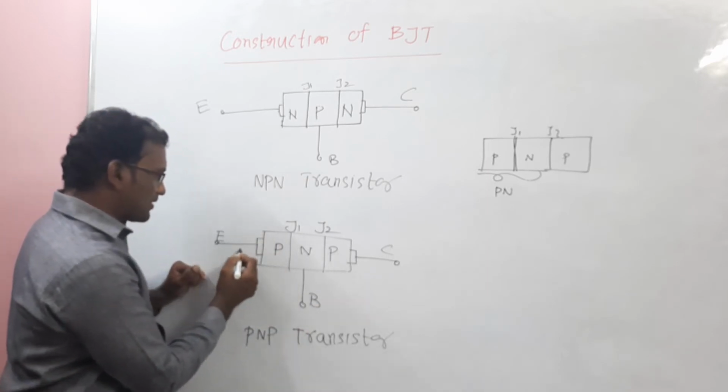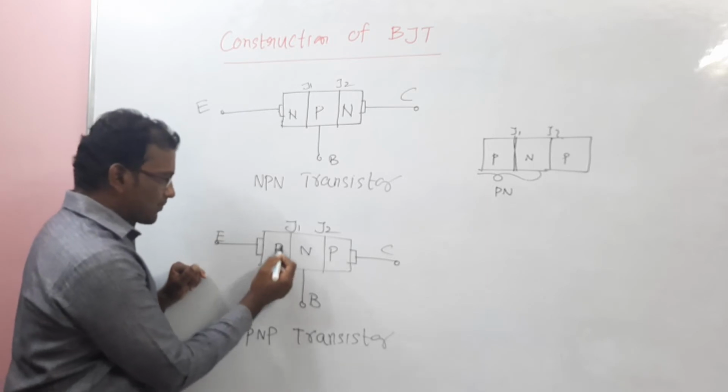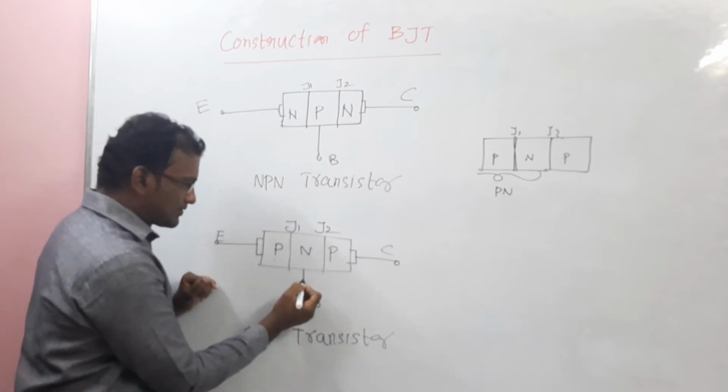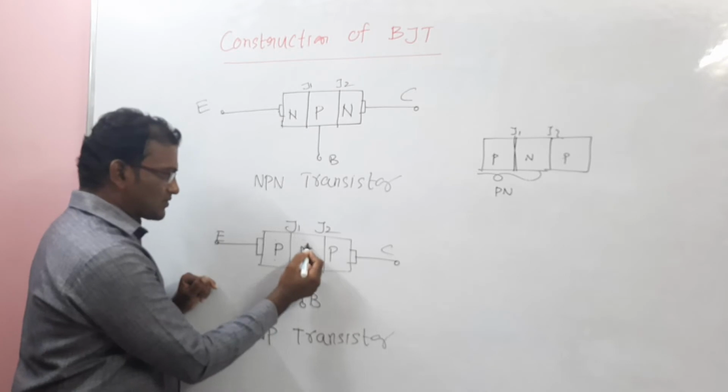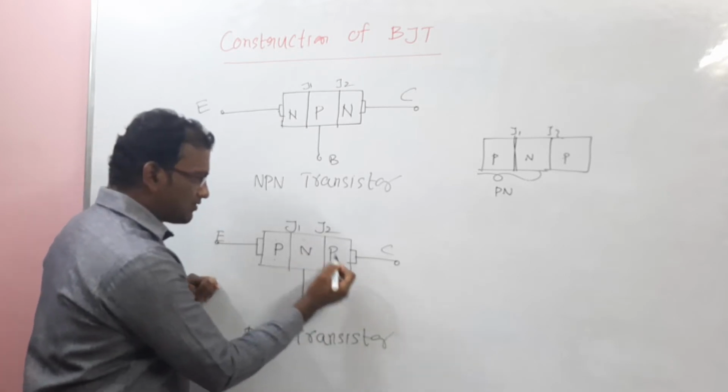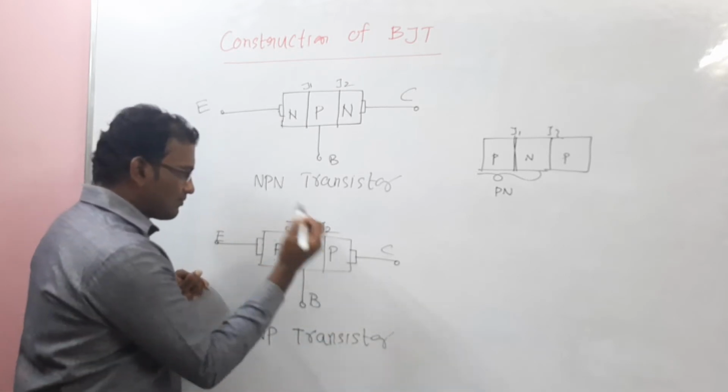So it starts from the emitter, the P, which means holes are present in the P region; in the base region, N type, electrons are present; and in the collector region again holes are present in the P region.